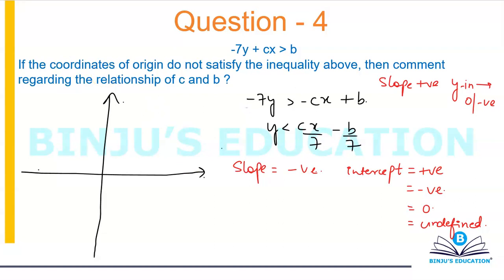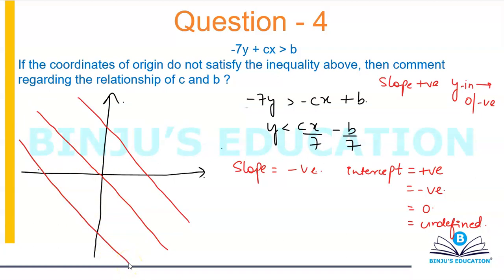So let's draw the 3 cases. Negative slope, positive intercept. Negative slope, 0 intercept. Negative slope and negative intercept. These are the 3 cases.